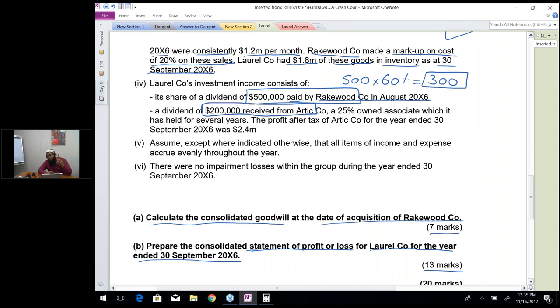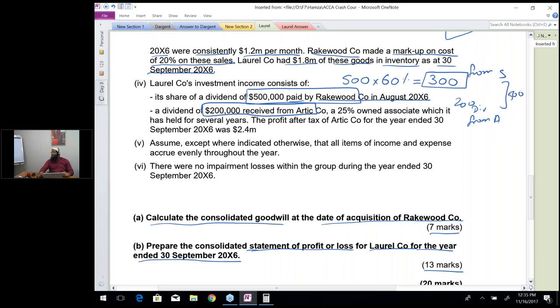So is the amount of 200 paid by the associate or received by the parent? Yes, this time this is received by parent. So parent has received 200 of the dividend from associate and 300 of the dividend from subsidiary. So the total dividend is now 500, and this is the amount given in the trial balance.